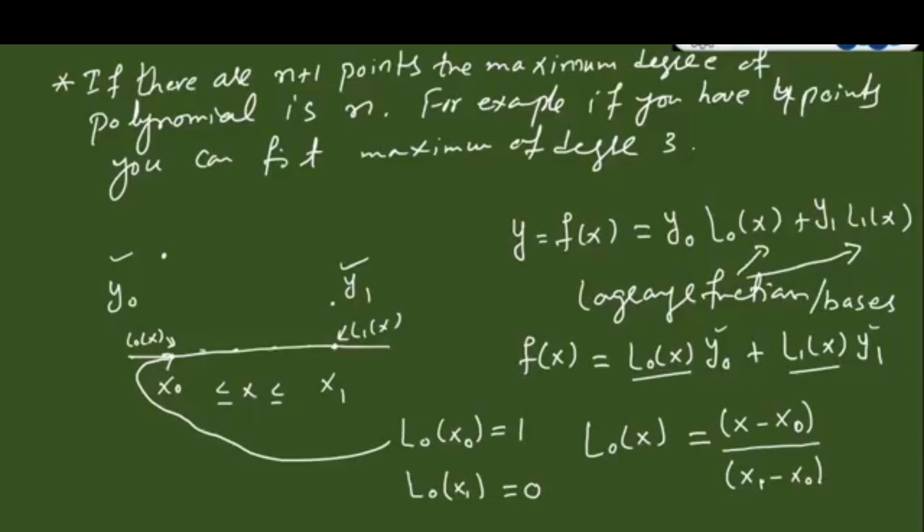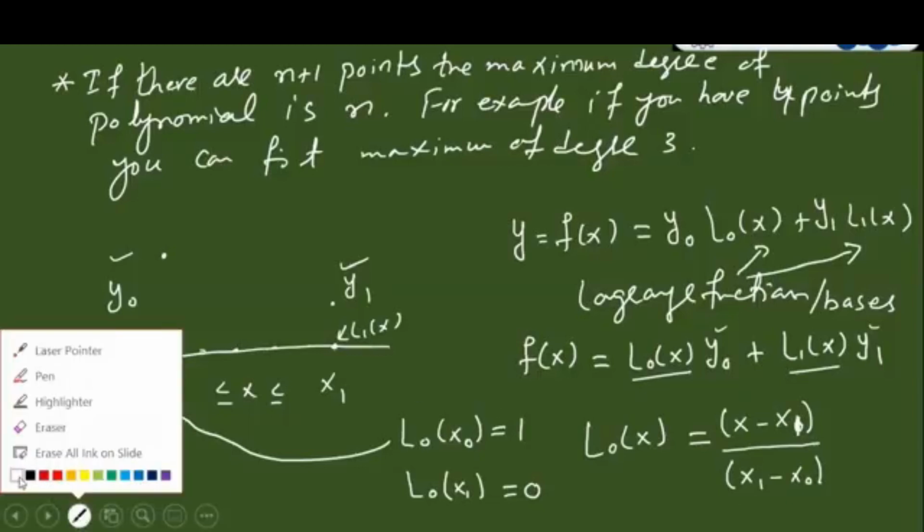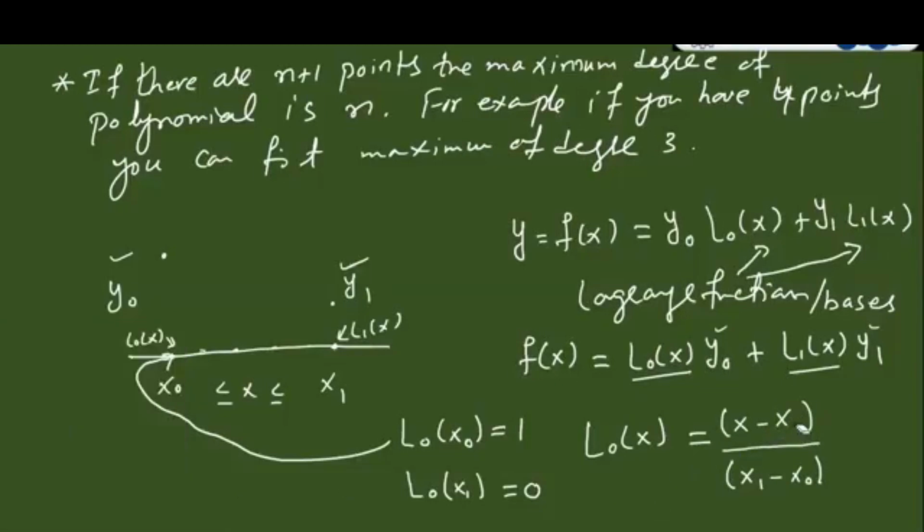Now what does this mean? x1 minus x0 divided by these two. Now the characteristic of this function is very simple. Oh sorry, what am I doing, it is x1, it is a mistake. Okay, so this is x1.